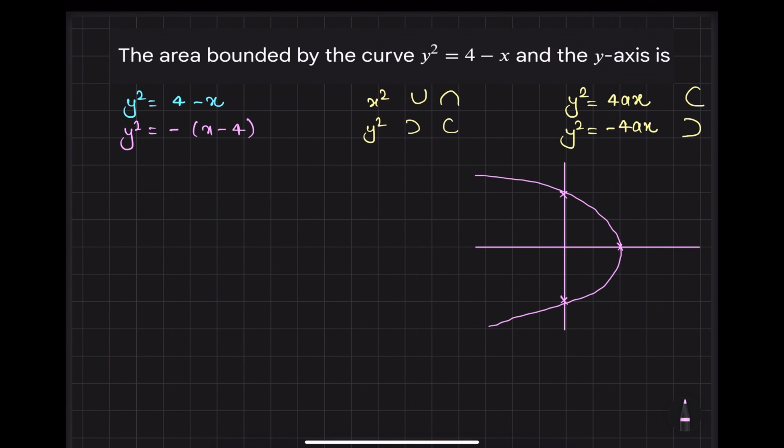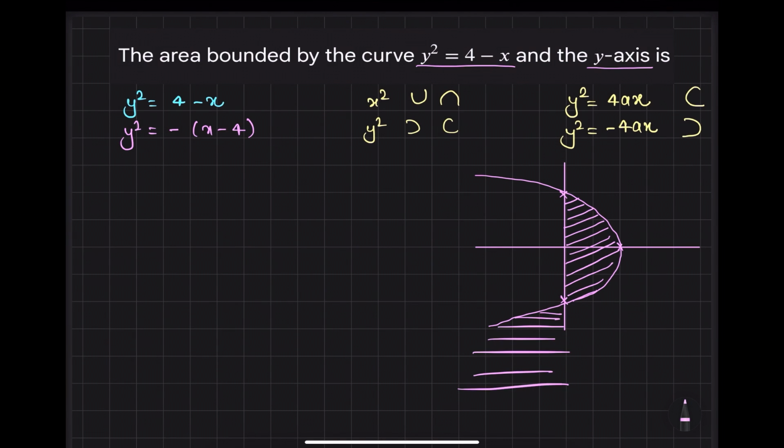Now we are interested in finding the area bounded by this curve and the y-axis. If you focus on the area, you can say that this would be the area. You may also say that this is the area.